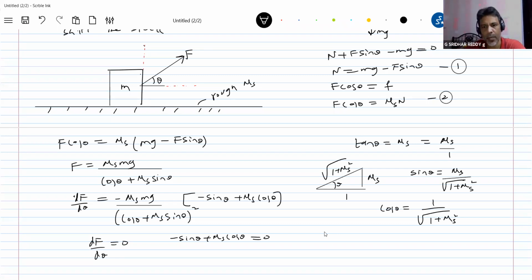So let me substitute all the values. I'll call this F minimum.